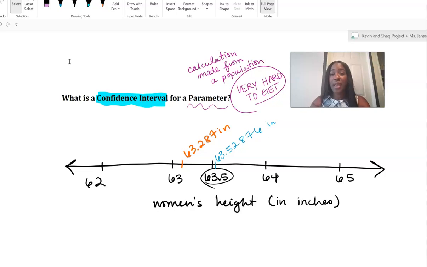They would have to make sure they got the height of every single woman in America to get this data 100% accurate. But I hope you would see that there is a pretty good chance that it could be the blue number. It's a good chance that it could be the orange number. It's a good chance that it could be the 63.5, but it's not a good chance that it is exactly the 63.5, right?